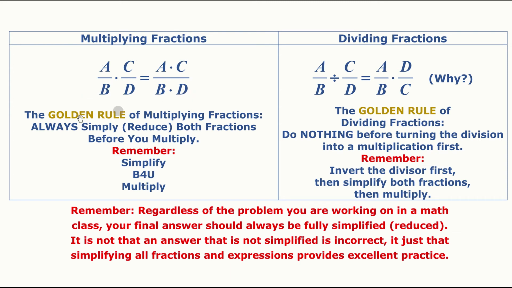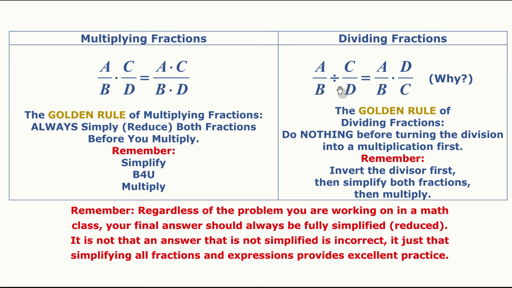Well, that's a nice rule, but the golden rule of multiplying fractions is, yes, by all means do this, but make sure you've done this after these two fractions have been fully simplified. Now remember that you can even cross cancel from any numerator to any denominator. So always cross cancel and simplify as much as possible before you multiply across. Simplify before you multiply. It saves you a lot of time and effort.